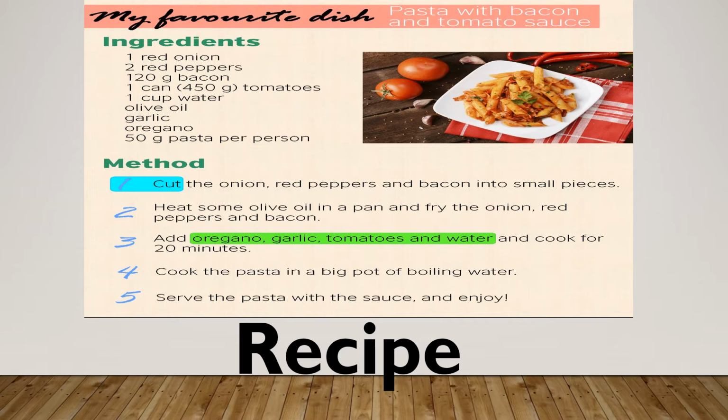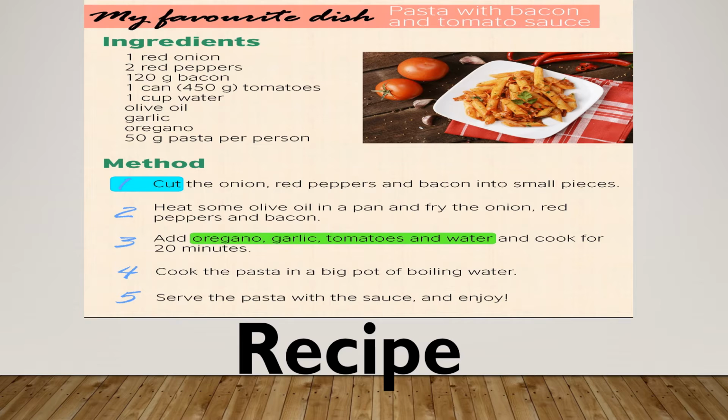In the recipe, you have the ingredients you need to make this meal, which are 1 red onion, 2 red peppers, 120 grams of bacon, 1 can of tomatoes, 1 cup of water, olive oil, garlic, and 50 grams of pasta per person. And after you have the ingredients, you will have to follow the method, the instructions.